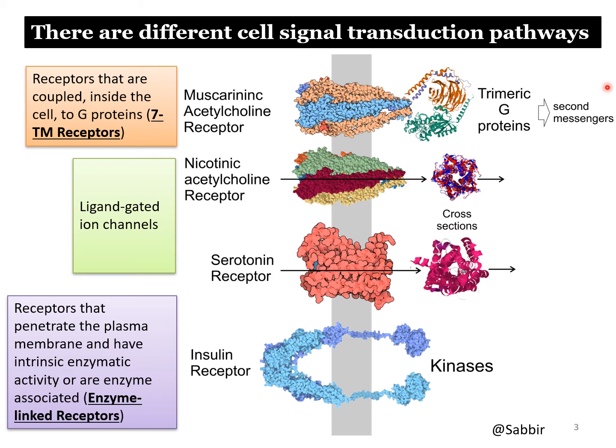And in case of muscarinic acetylcholine receptor, this conformational change causes recruitment of G proteins, which then generate a variety of second messengers, which I'll discuss in the subsequent sections. But in case of nicotinic acetylcholine receptor, binding of acetylcholine causes a conformational change, which then opens the ion channel, and that allows the ions to move across the membrane and creates an electrical impulse, which then translates into signaling cascades or a physiological response.